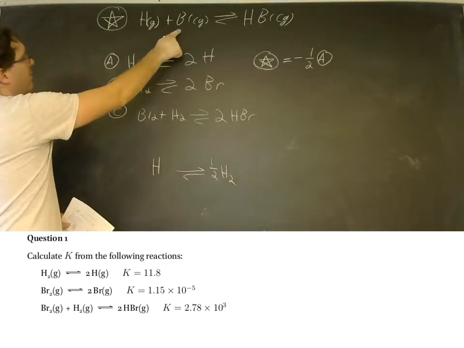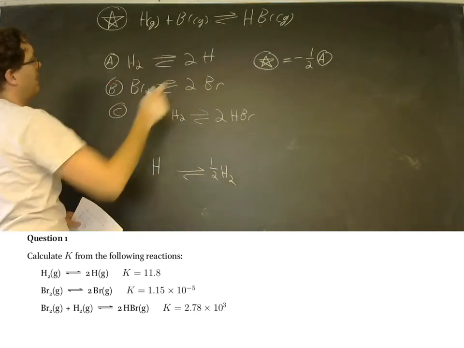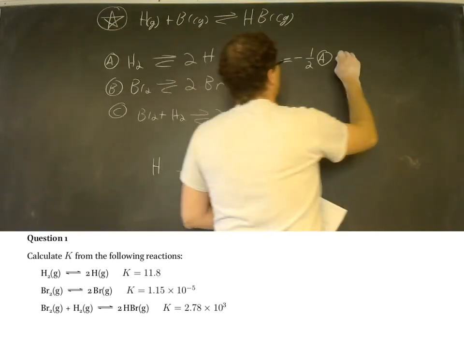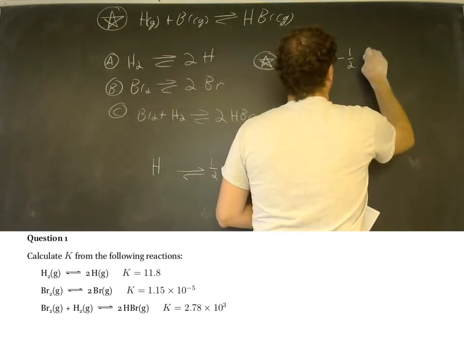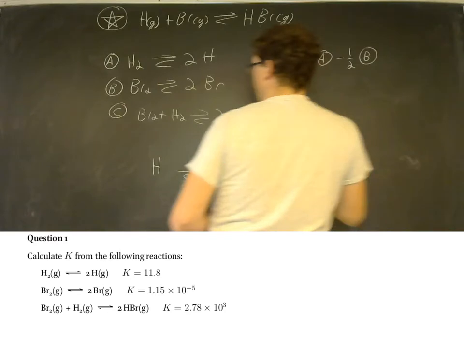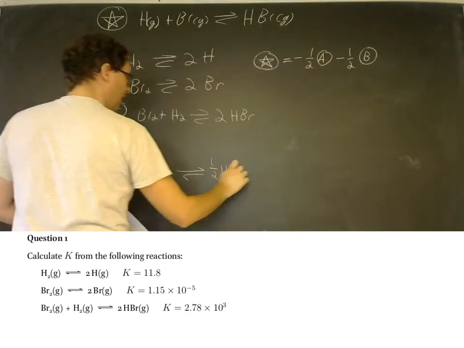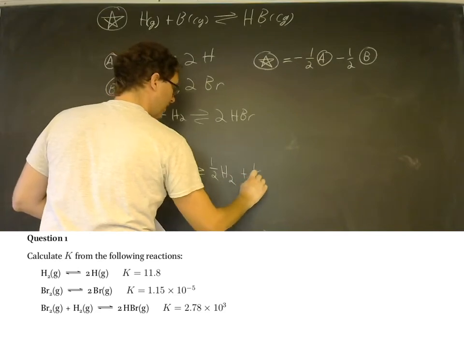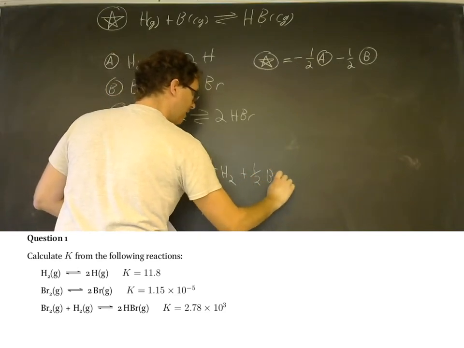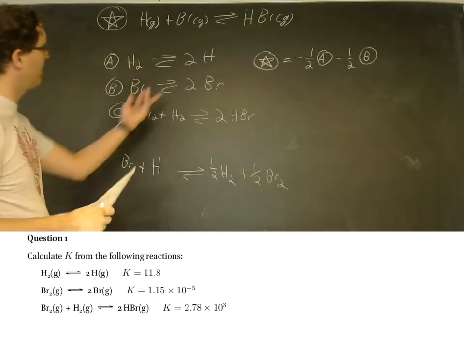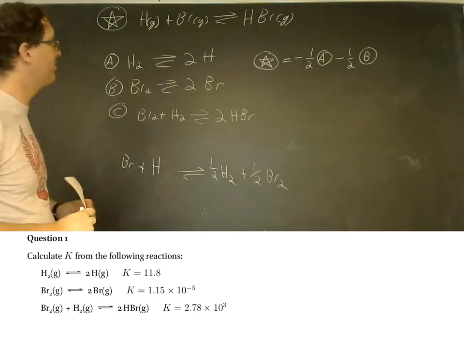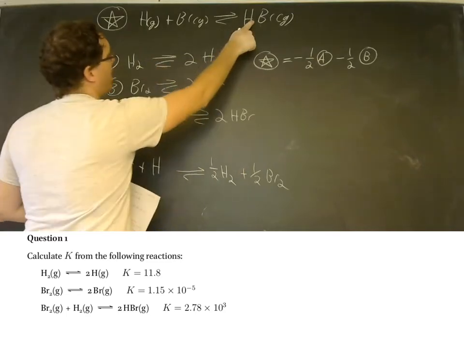The same thing for the bromine. It only appears in B, so I'll do the same trick, negative 1/2 B, and that gives me a bromine on this side and 1/2 of a Br2 on that side. I reverse it and cut it in half. Then I need an HBr on the product side.